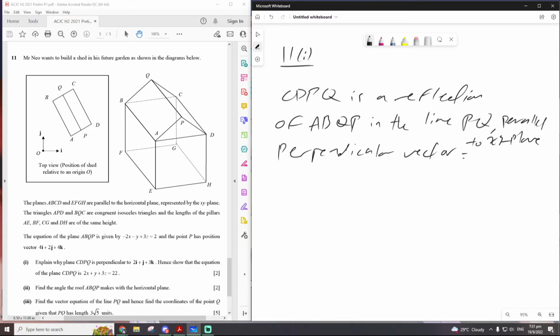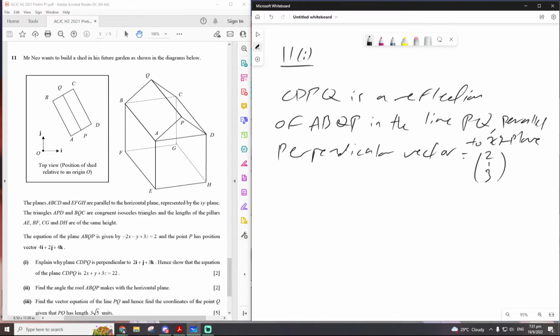The perpendicular vector is, so you will change your negative x and negative y to positive, but the z itself will stay the same. So you get 2, 1, and 3.